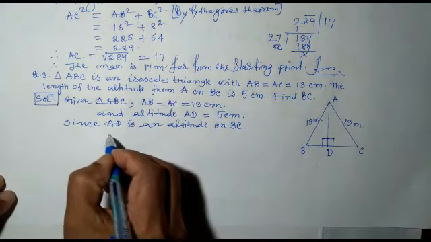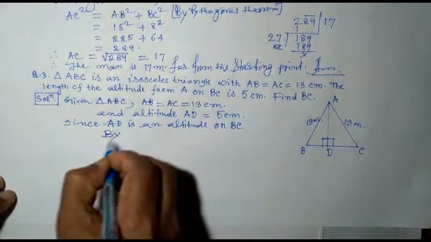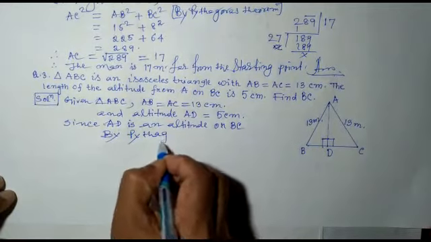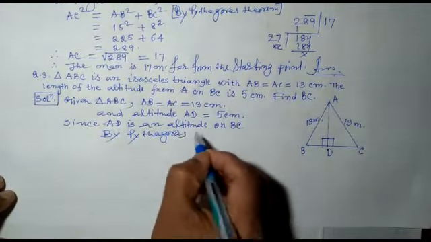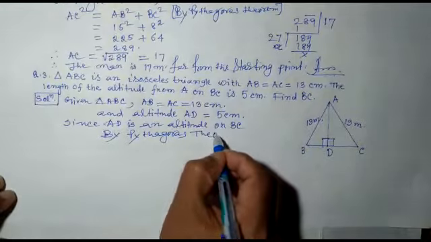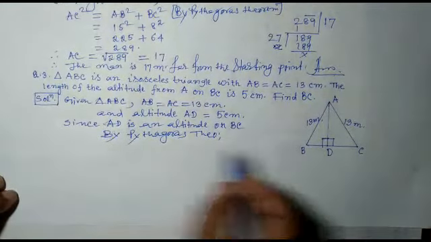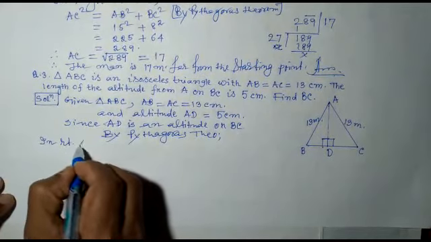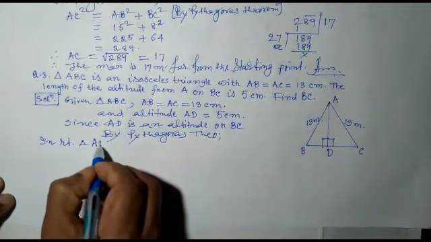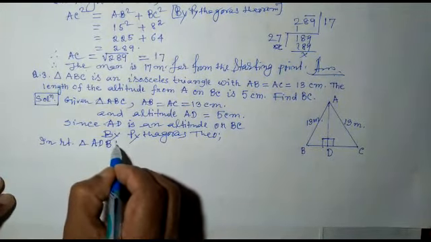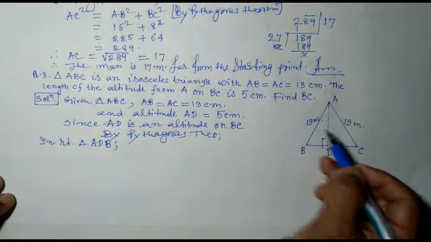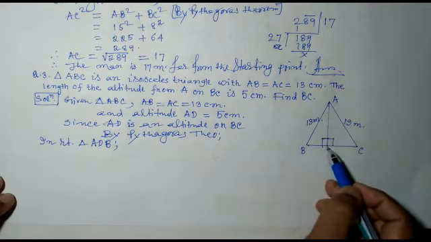So we can write by Pythagoras theorem, in triangle ADB, in right triangle ADB, D is the right angle, hypotenuse is AB. Other two sides are AD and BD.